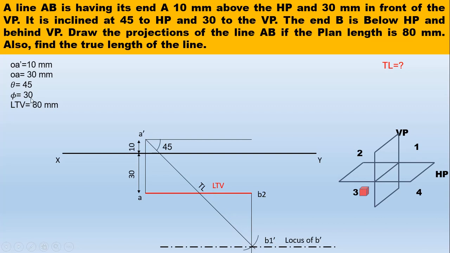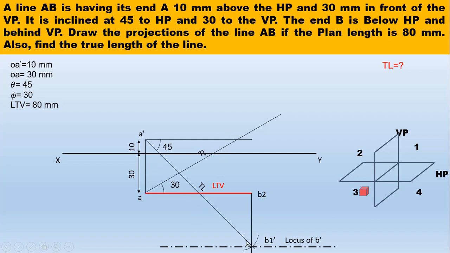True length is making an angle of 30 with respect to VP. Now point B is in third quadrant, that's why its top view will lie above the reference line XY. So with point A as a center, make a line at an angle of 30 degrees. This will give you the direction of true length in top view.